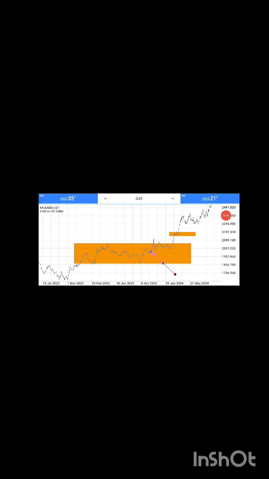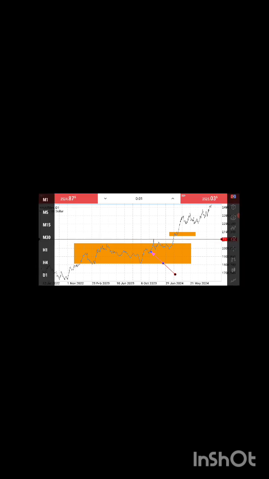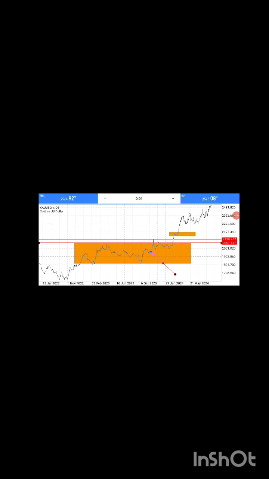So we have a path function from here. It started from here, and then it moves up. Now the next thing is to validate if this path function is going to hold. How do you know if it is going to hold?